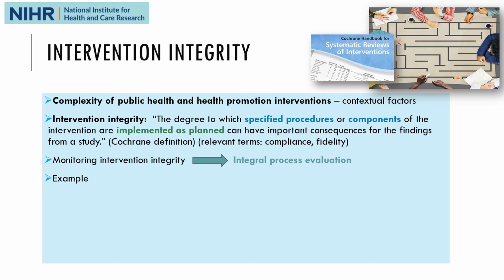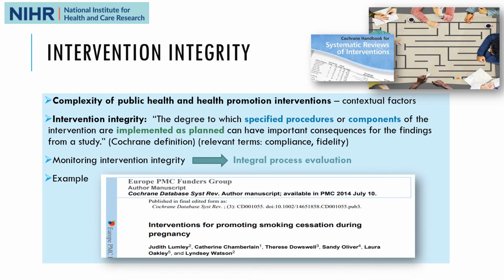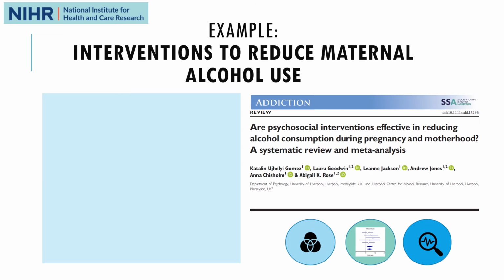So for example, in a Cochrane review that evaluated intervention integrity on smoking cessation in pregnancy, first of all, they found that process evaluation of the intervention was only carried out in some trials, unfortunately. But importantly, the review highlighted how transferring an intervention from one setting to another may reduce its effectiveness if components are changed or some aspects of the intervention are culturally inappropriate, for example.